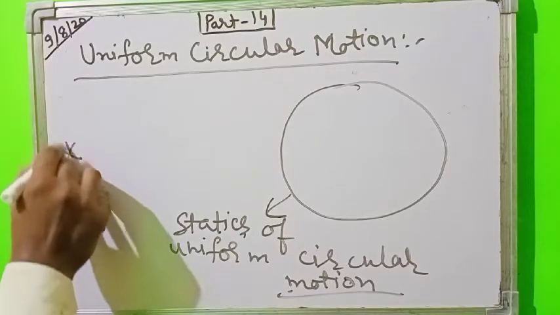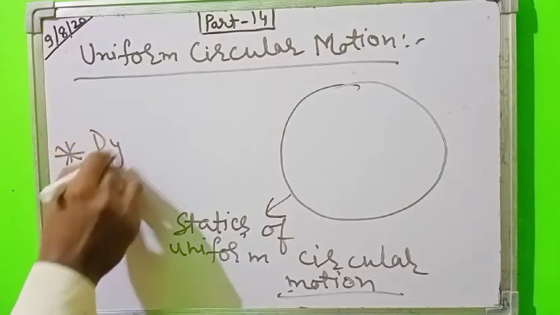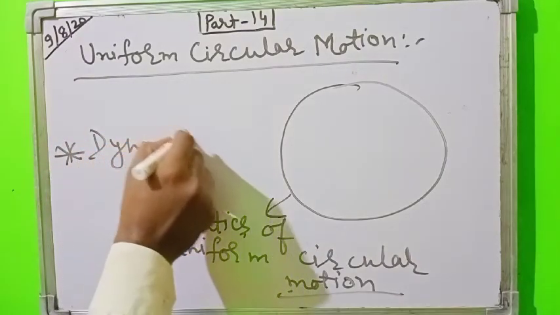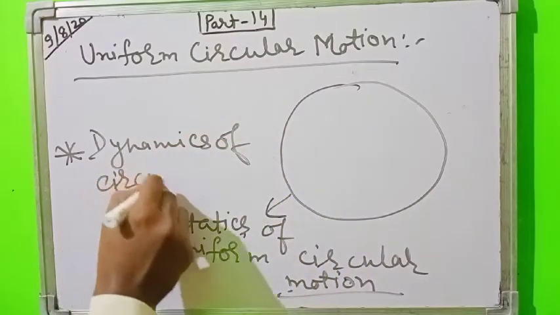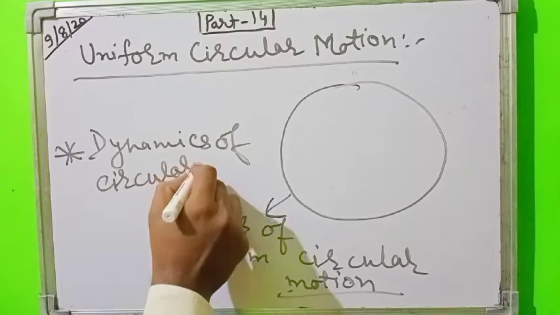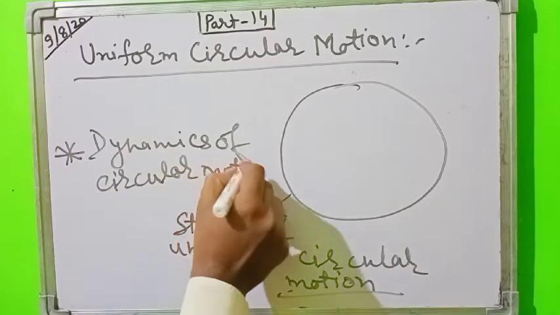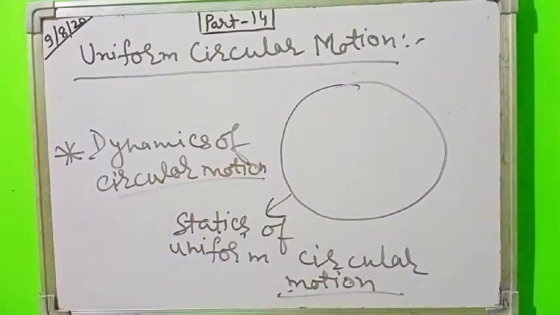We need not discuss the dynamics of circular motion. Dynamics of circular motion means what are the causes which make the particle move in a circular motion. These things we will discuss in the chapter laws of motion, after studying the laws of motion.